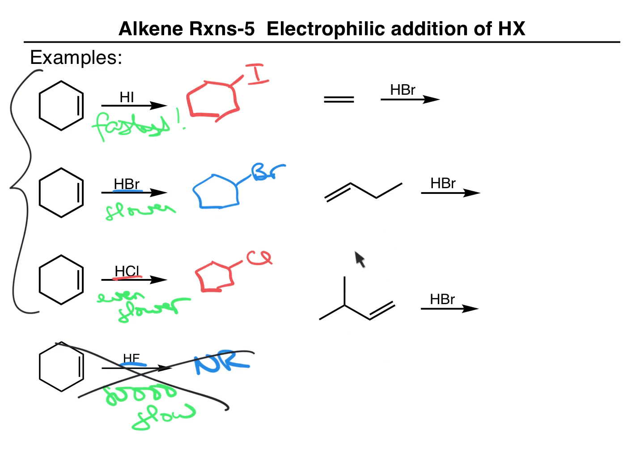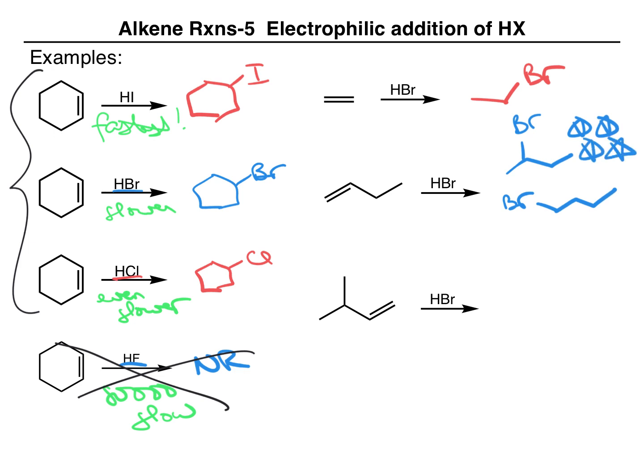Over here we have a few more examples. Ethylene or ethene can react with HBr to form ethyl bromide. 1-butene can react with HBr to form this product, 2-bromobutane, and this product, 1-bromobutane, but the 2-bromobutane is obtained as the major product.